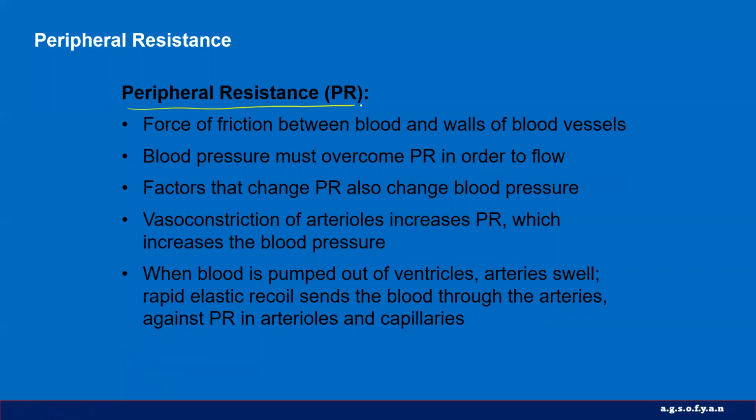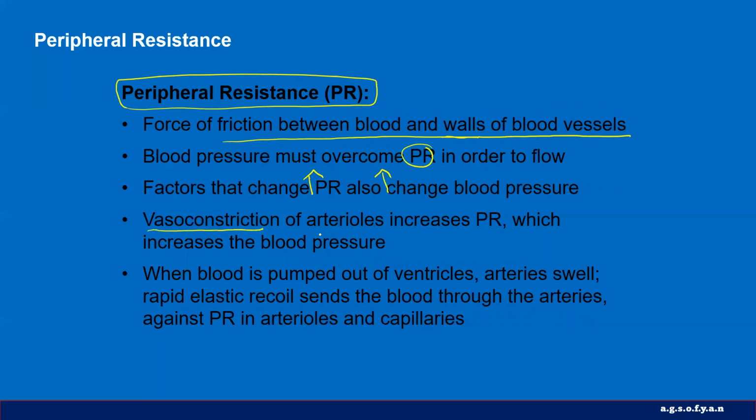Peripheral resistance, this is the resistance coming from our blood vessel wall. Okay, so this is the friction between the blood and the blood vessel wall. When the peripheral resistance increases, it will also increase the blood pressure.